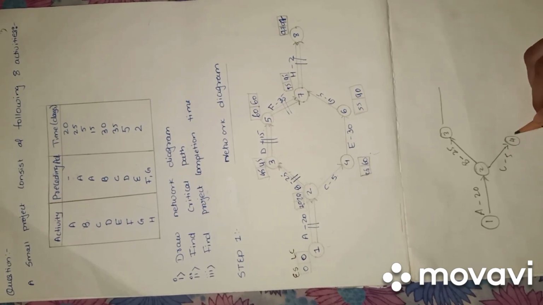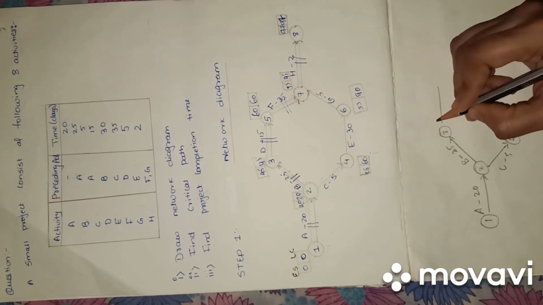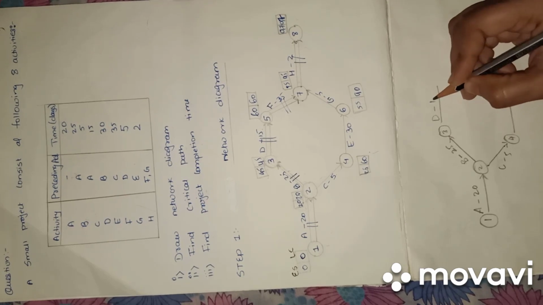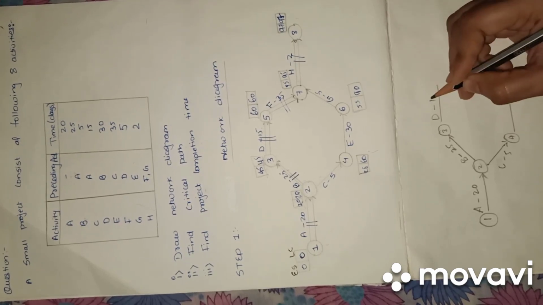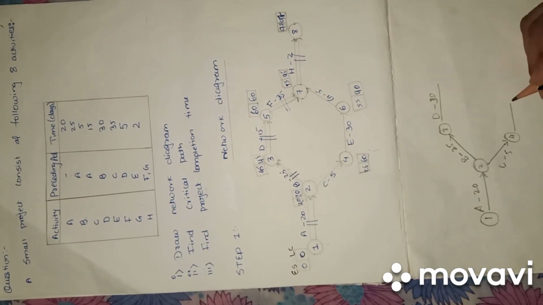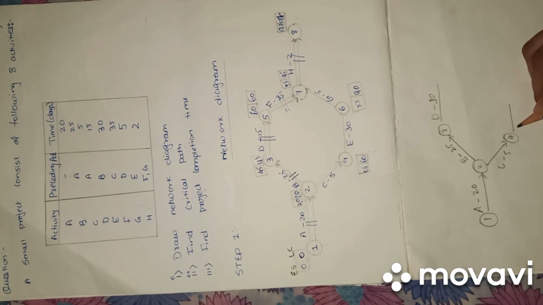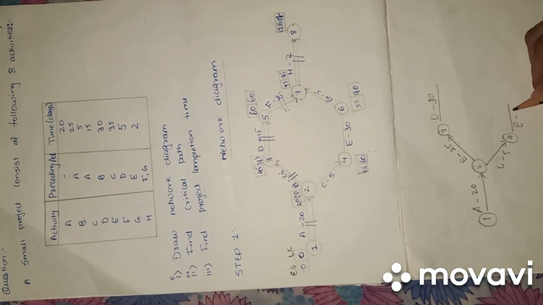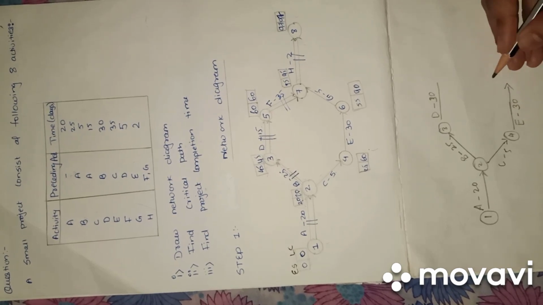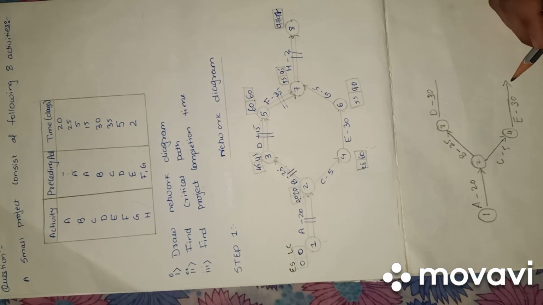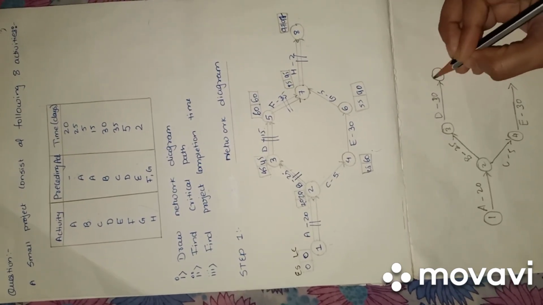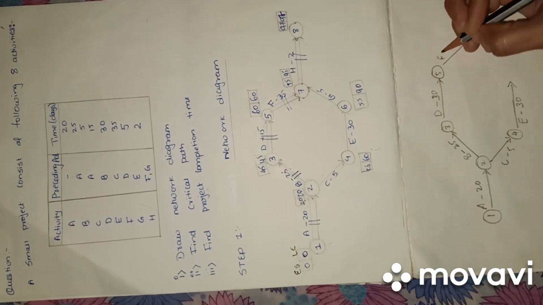After this, activity D is given. D's timing is 30. After C, we have to draw E, and the timing for E is 30. After E we have to draw F. After D, F will come, and the timing is 35.